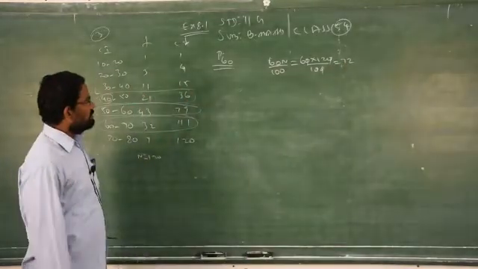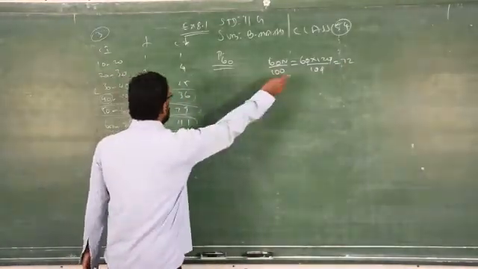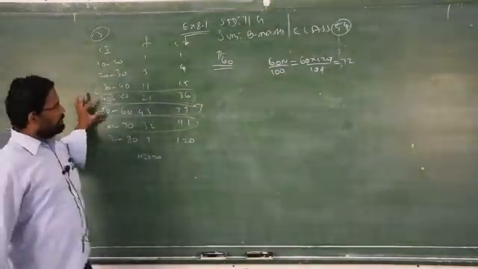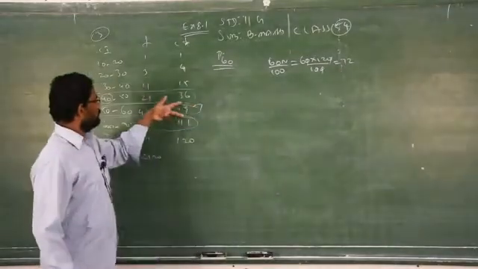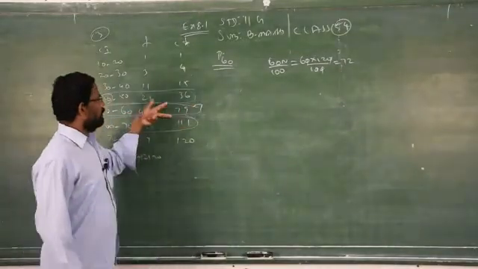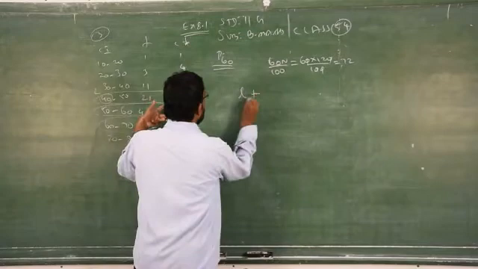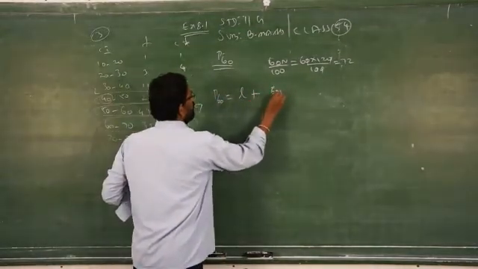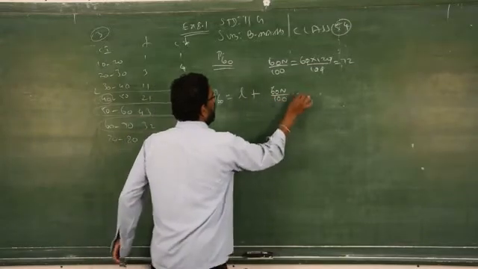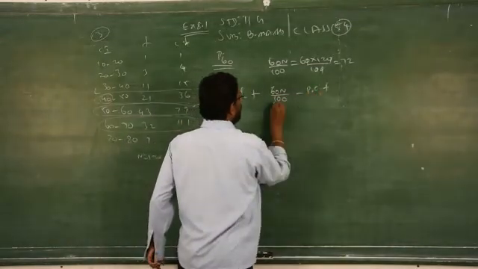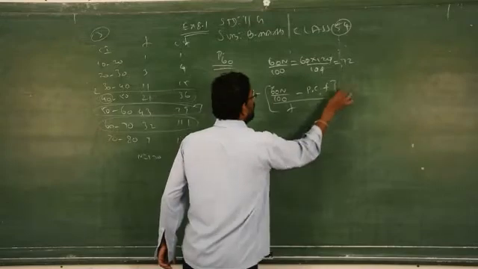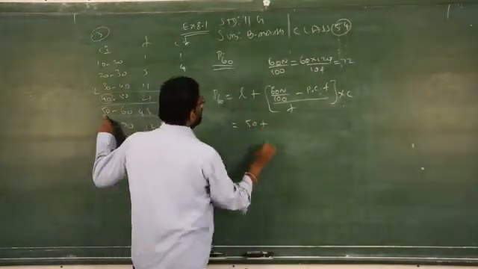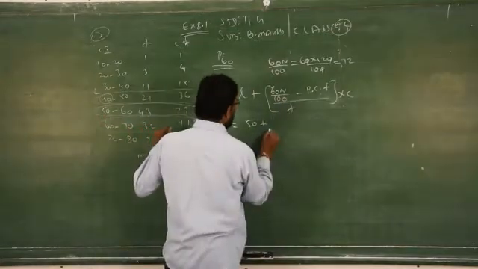12 sixes are 72. So now you have to find where 72 will come, the same way. This is the modal class. This 72 comes in which modal class? From 50 to 60. So again you have to write the same formula, that is P60 is equal to L plus (60n by 100 minus previous cumulative frequency) by frequency into C. So what is our lower limit? 50 plus 60n by 100 is 72.